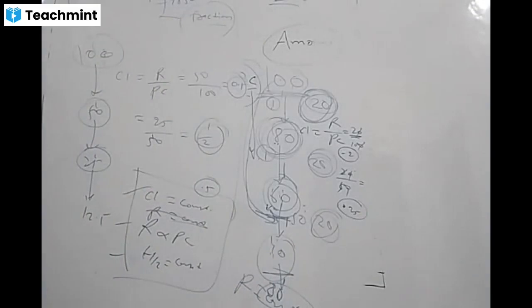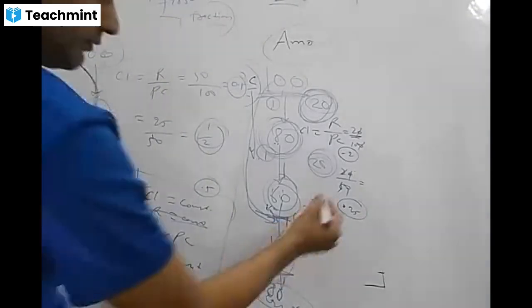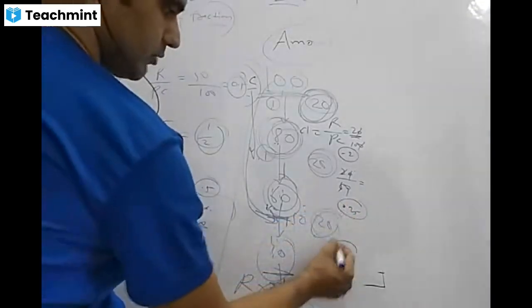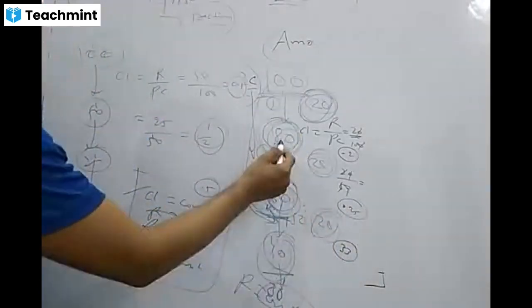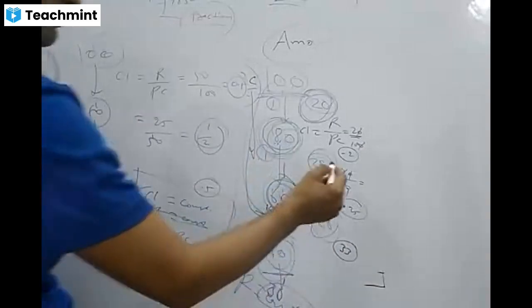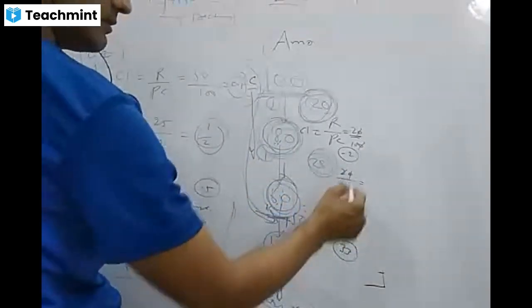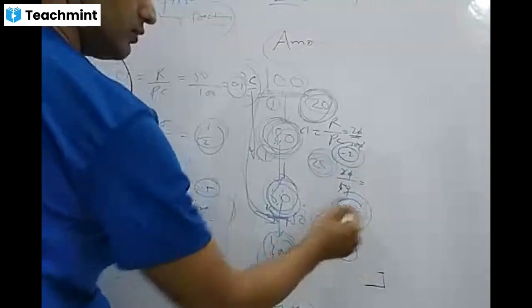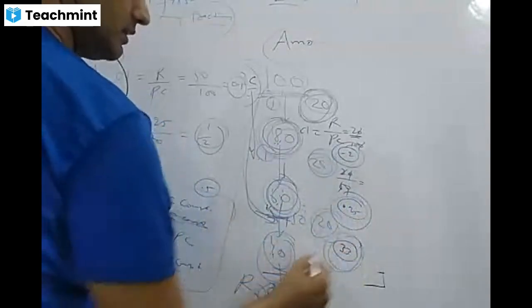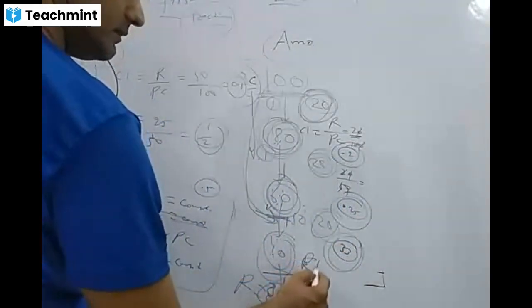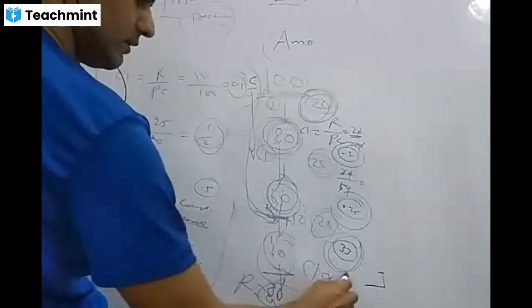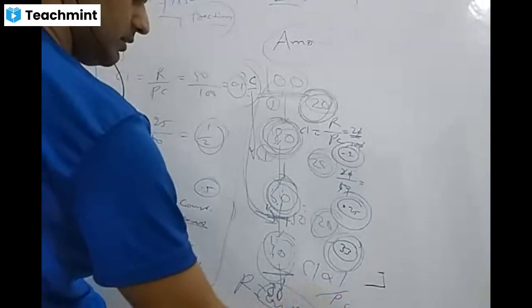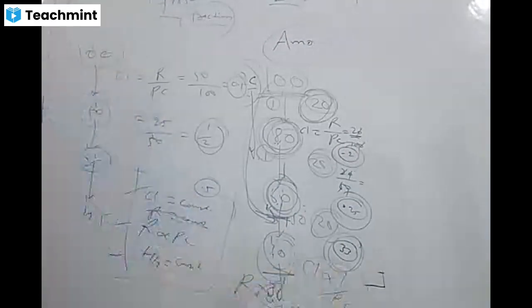Then again it will increase, and we will find 0.33. So as the concentration is decreasing, 80, 60, 40, clearance is increasing, 0.2, 0.25, 0.33. They are inversely related. So clearance is inversely related to plasma concentration.